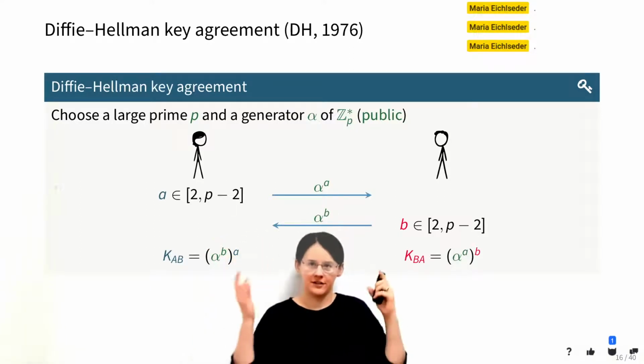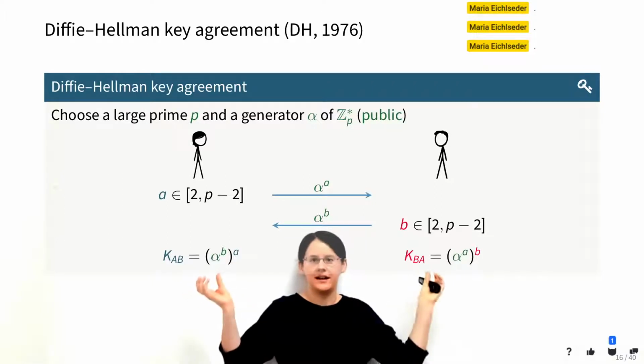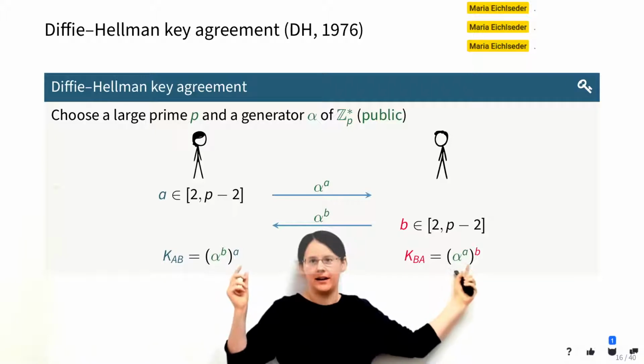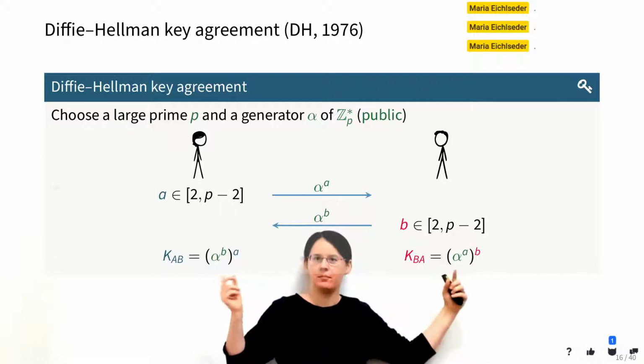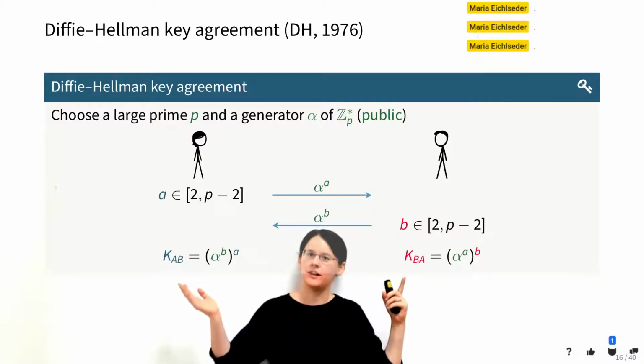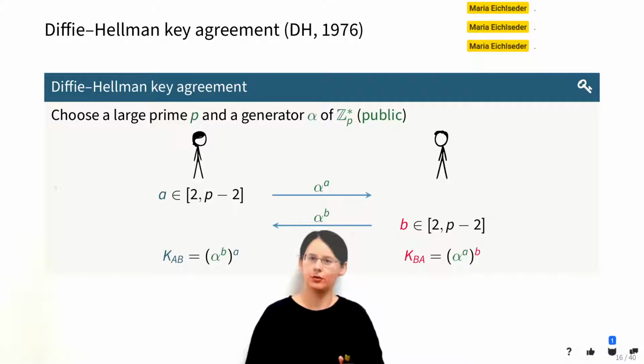After exchanging these two, both of them can derive the same secret key by taking the number that they received from their communication partner and raising it to the power of their own private key. Because of the rules of exponentiation, both of these computations give the same result, meaning they both end up with the same shared secret key that they can use for authenticated encryption or so to encrypt their data afterwards.